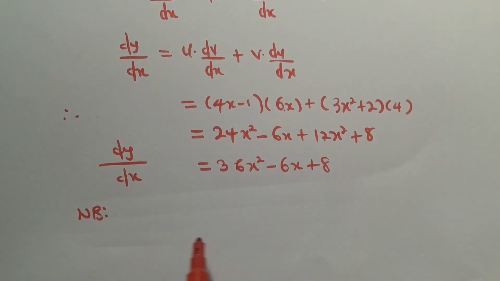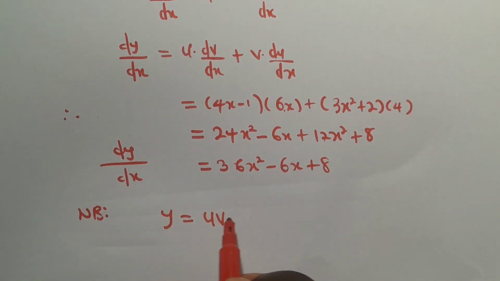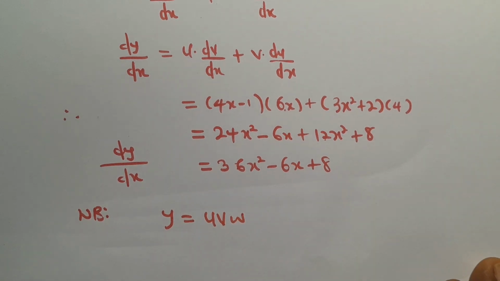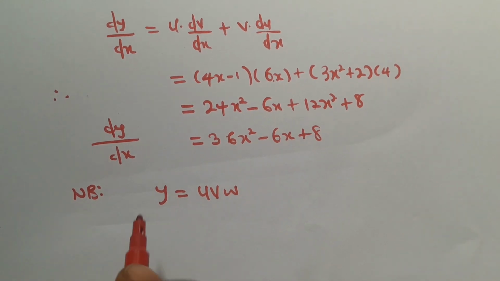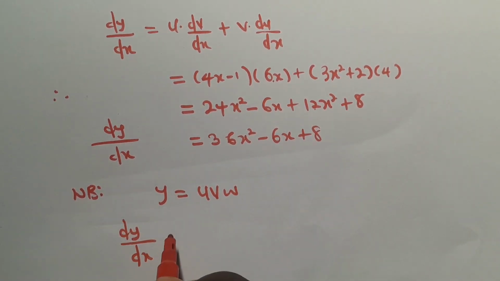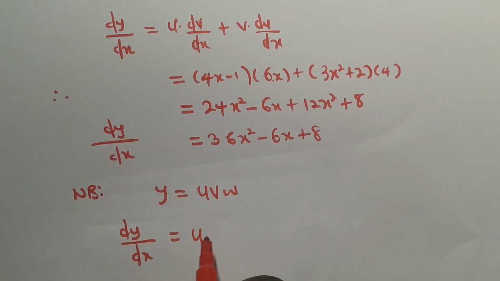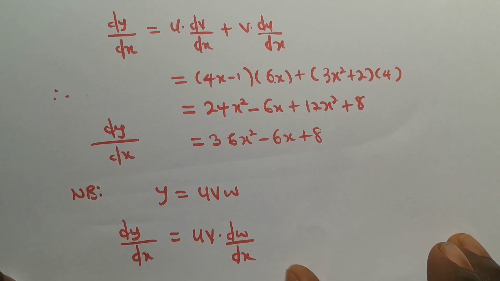Note that when you have y equals three functions, y equals u phi w, where phi, u, and w are functions of x. So here dy/dx will be, by keeping the two functions and differentiating the last one with respect to x, u phi dw/dx.